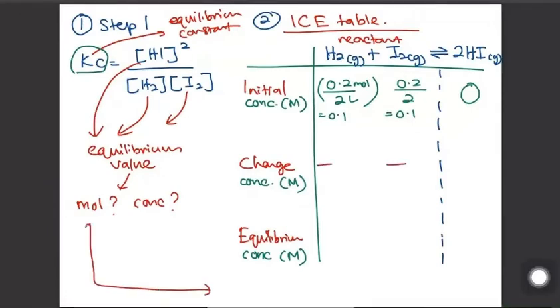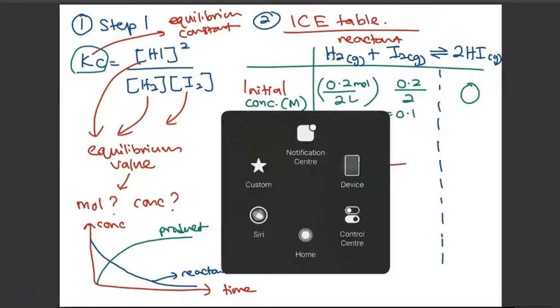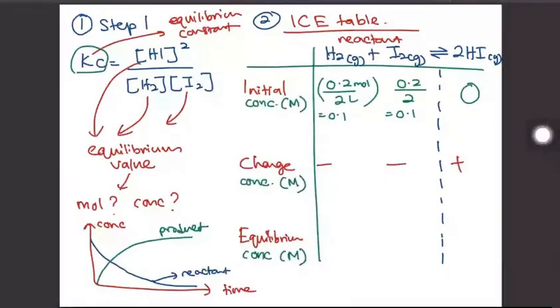Because I have shown you the graph of concentration against time, whereby for reactant, it will go down, whereas for product, it will increase. So the change we are expecting for reactant is a negative change, whereas for product it is a positive change.